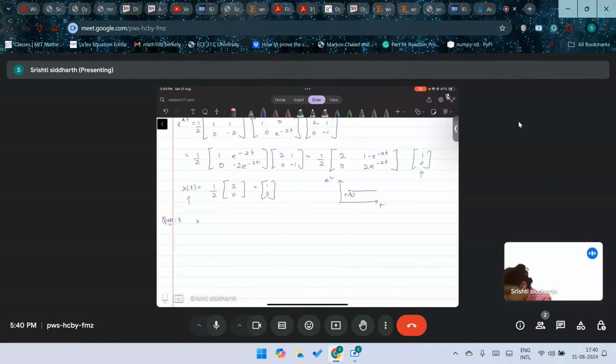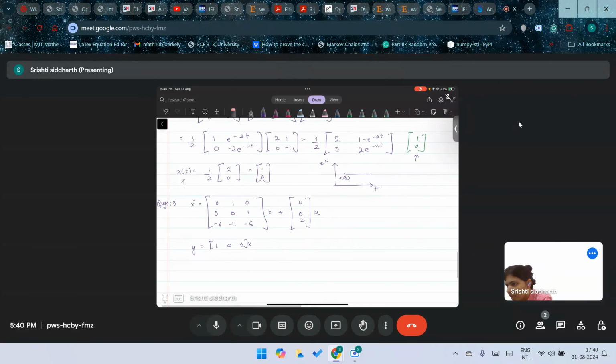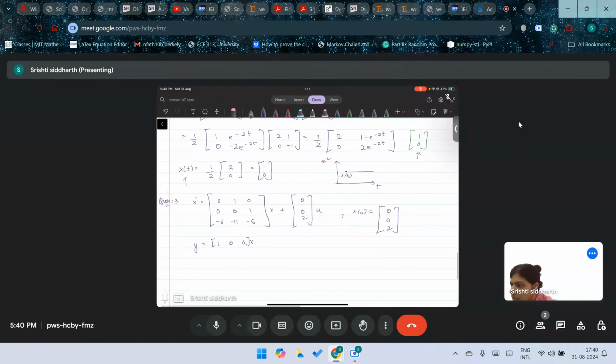We have the system x dot equals 0, 1, 0, 0, 0, 1, minus 6, minus 11, minus 6 times x plus, so this is a non-homogeneous system, and the output is the first state, and we have the initial conditions already given. So this is 0, 0, 2, and u is the step input.